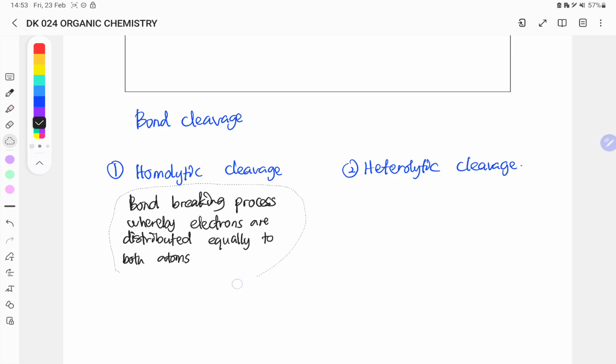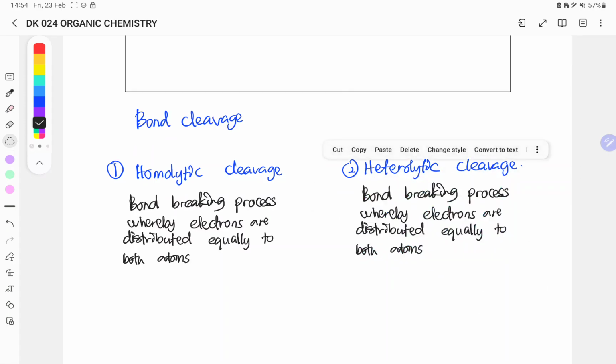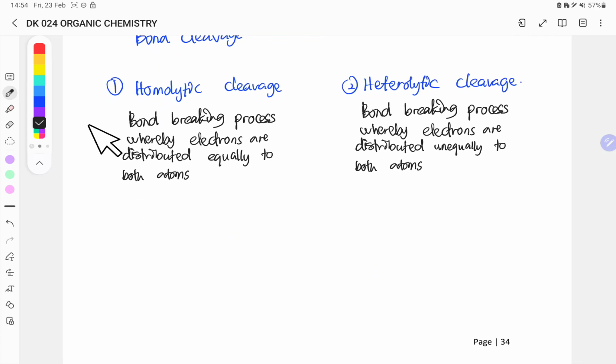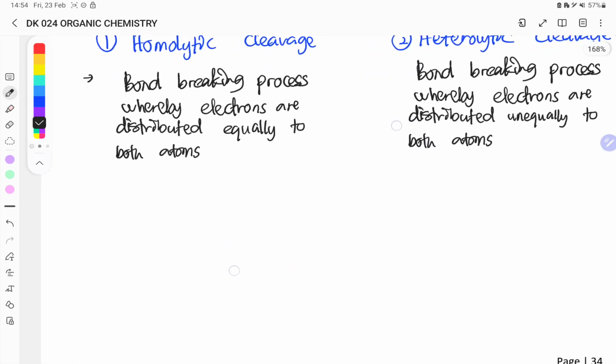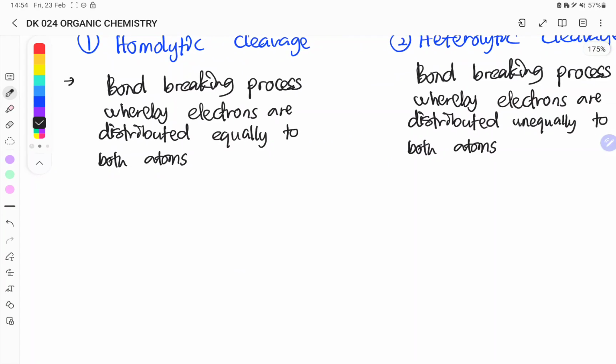So this would be the definition of homolytic cleavage, whereas for heterolytic cleavage, it is distributed unequally to both atoms.